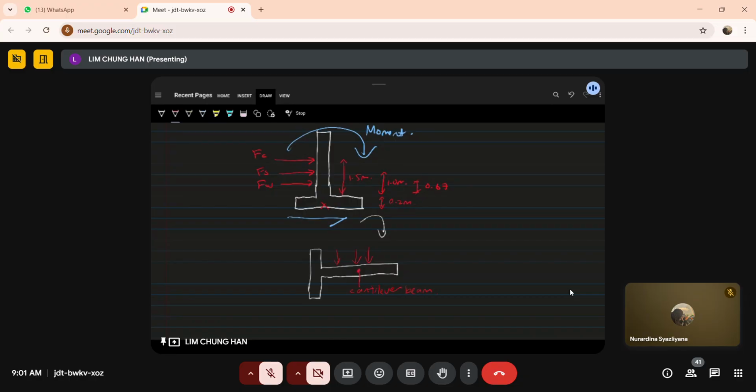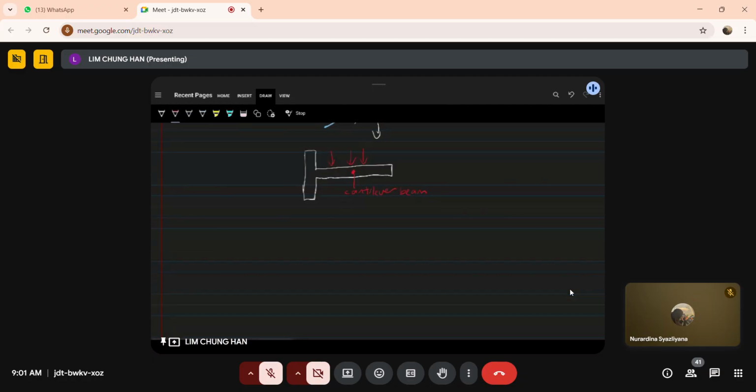Yeah? It's actually a beam cantilevering from a column. So now, to calculate the moment, you assume the whole thing's cantilevering. Yeah? So, to calculate the moment, you treat this as fixed support, you take that as a cantilever, and then you take your load here. Cantilever. Now do you know how to calculate the moment?